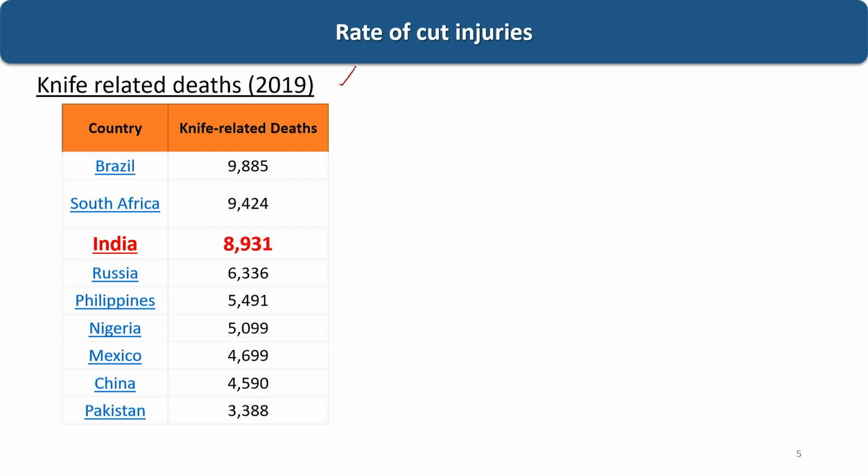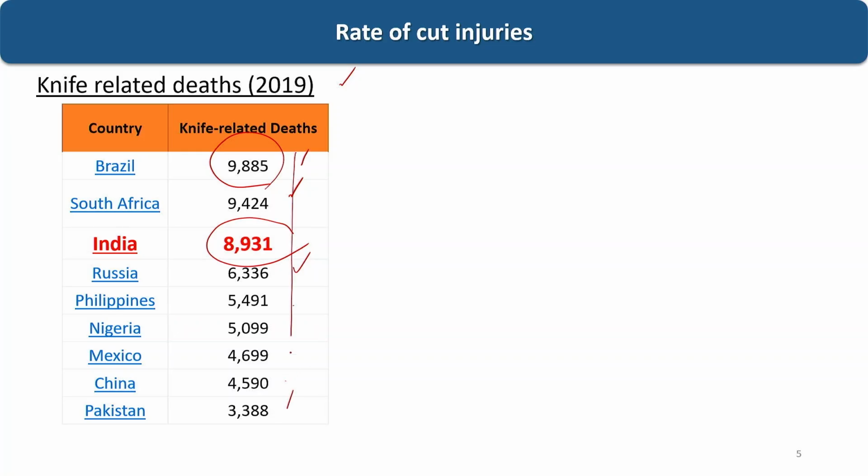Here you can see for different countries the knife-related threats; it is 2019 data. Brazil has 9,885, then South Korea, South Africa, followed by India with 8,931, followed by Russia, Philippines, Nigeria, Mexico, China, Pakistan.